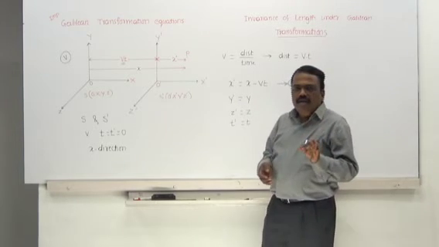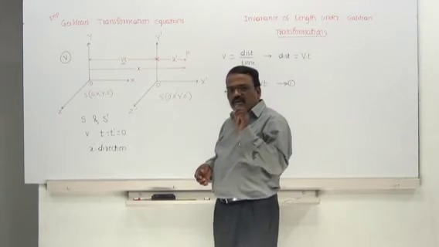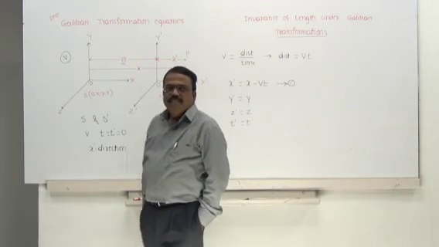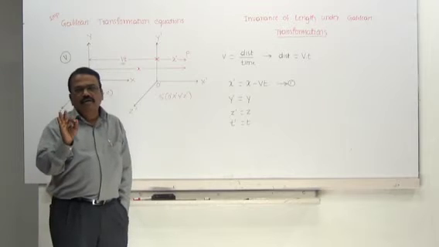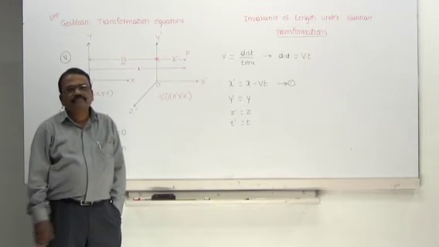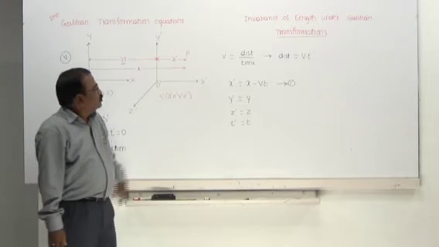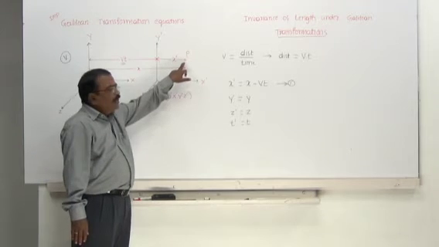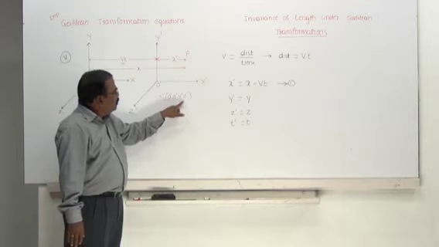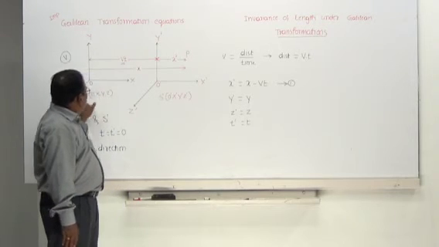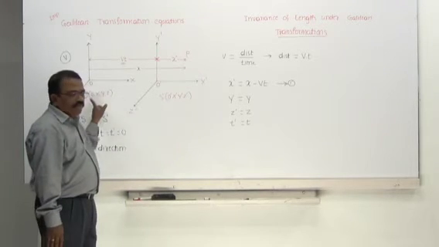An event at any instant in space has different coordinates in different frames of reference.